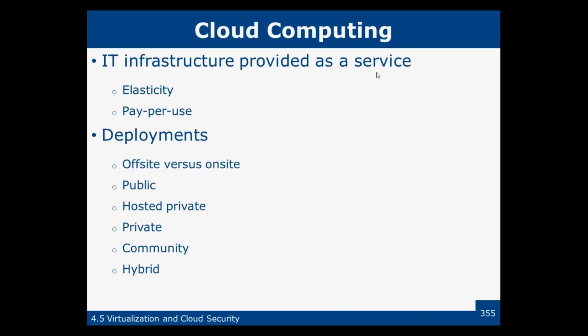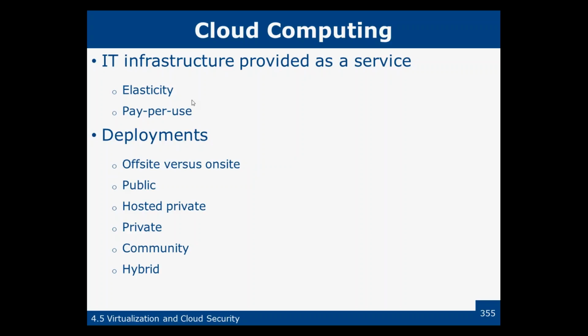IT infrastructure as a service. When we do this, we're basically going out and buying some parts, all or part of a network. The thing that it allows us is elasticity, and the example that they always give is you're running a store, for instance, or a website, and you have a certain demand through the year, and it gets to be Christmas and you need more.